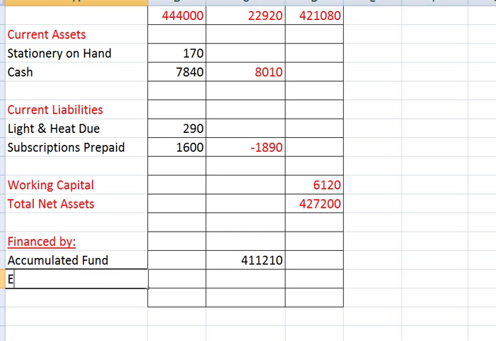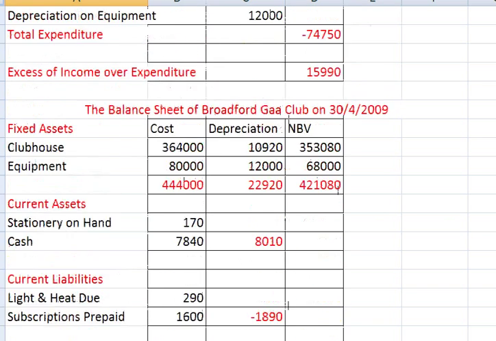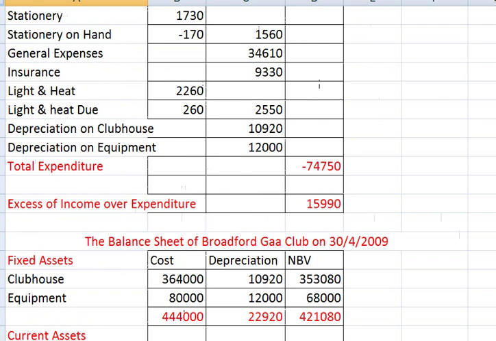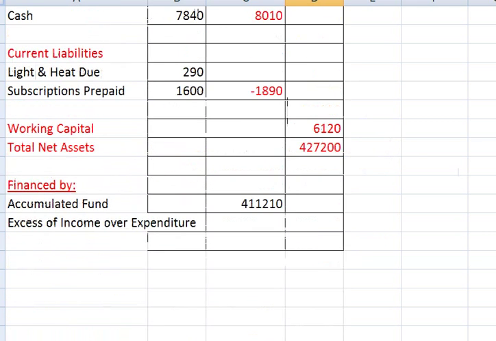The final figure that goes in here, we have already worked out up in our income and expenditure account. The difference between our income and expenditure, our excess, was 15,990. So we put it in here, 15,990. Adding those figures together, now I'm going to call them total capital employed.